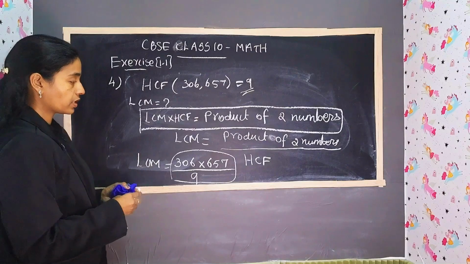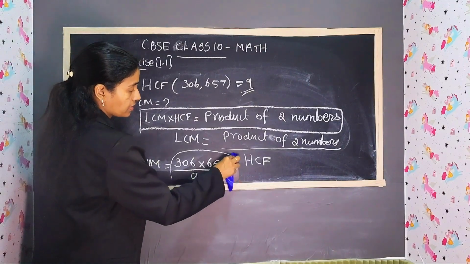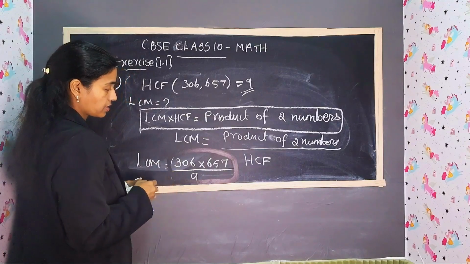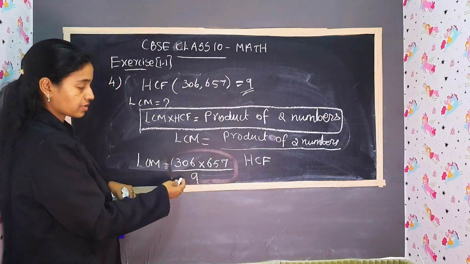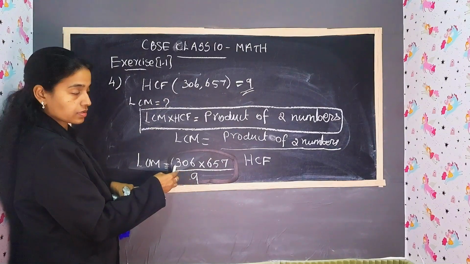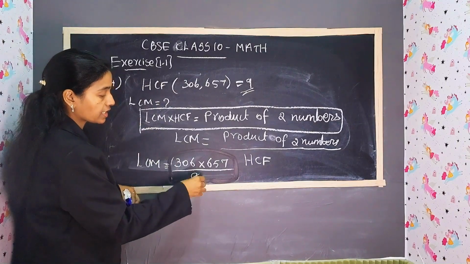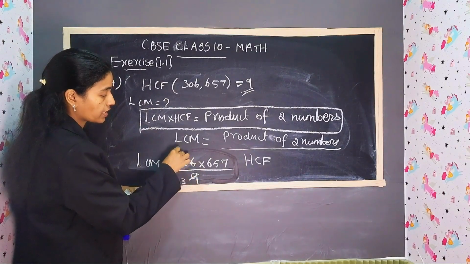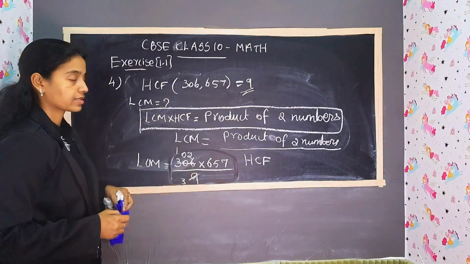Okay, now we are going to simplify this. We have to divide these two numbers by 9. So I can divide this 9 by 3 and also I can divide this 306 by 3. So I am taking 3. 3 3s are 9. 1 3 is 3, 0, 2 3s are 6, right?